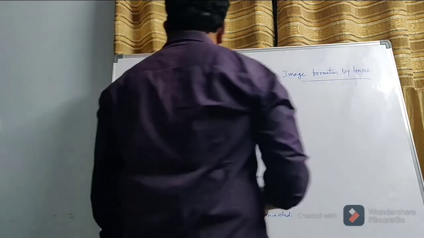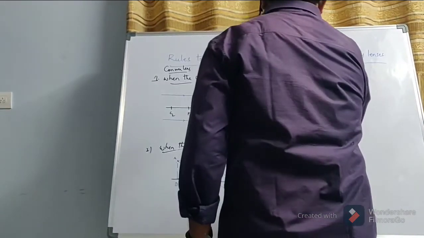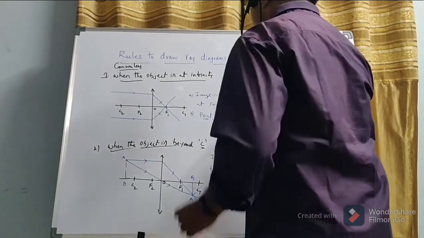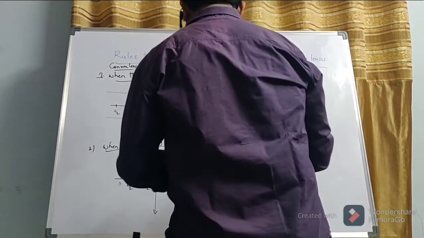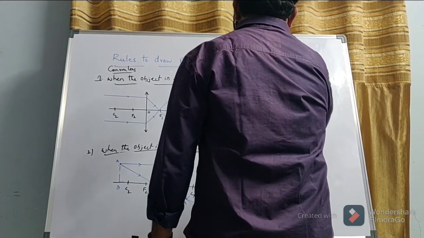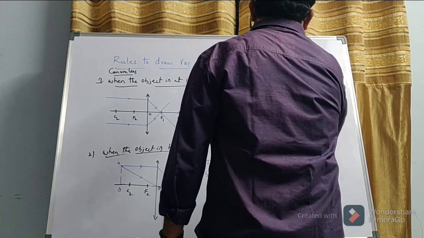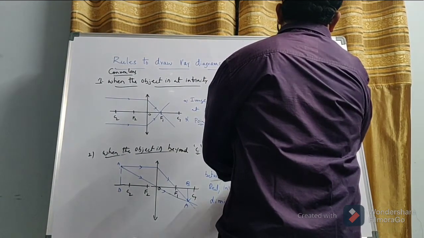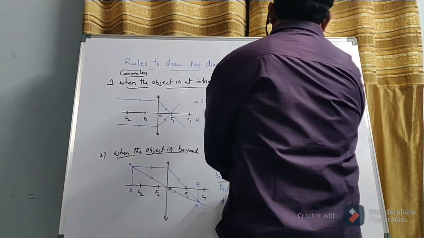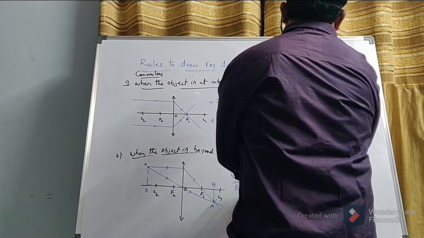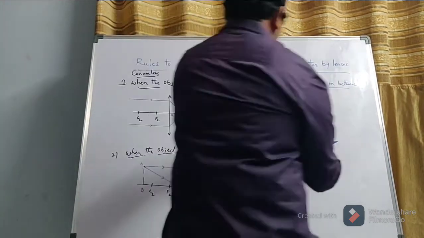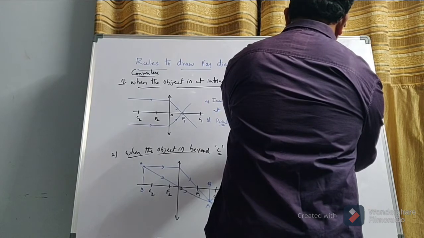Right. Now let us study the third case. We will keep the object between C and F. Now let us discuss when the object is in between F and C. This is the convex lens.